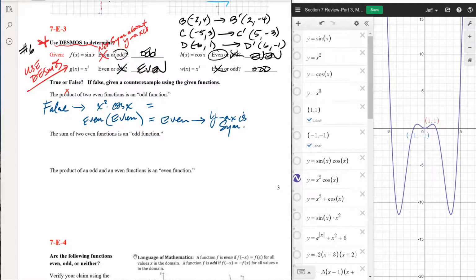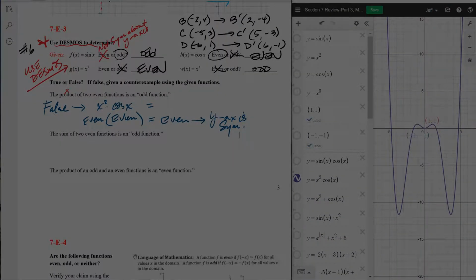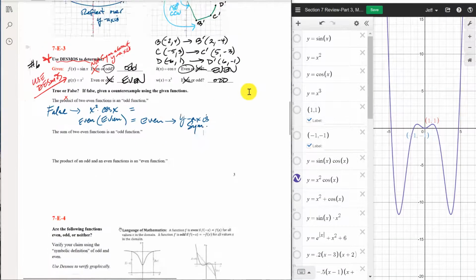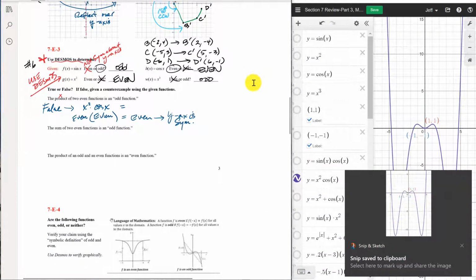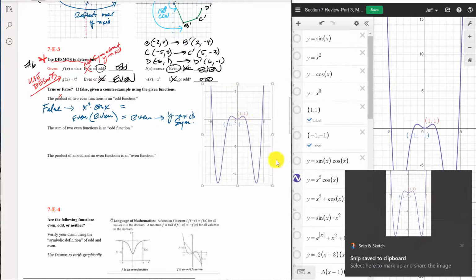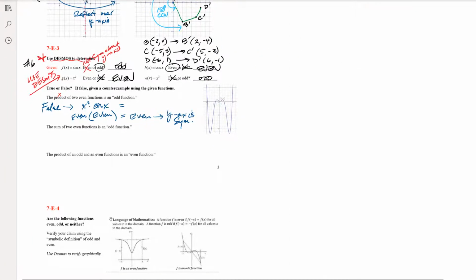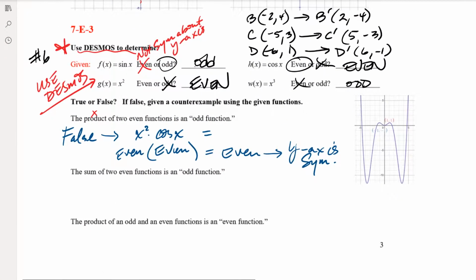Okay, let me just grab this in here. So you can see it right here in this little picture. I'm using Desmos here. So it has y-axis symmetry. You can tell because it's a reflection. Like this point right here, call it A, gets reflected to A prime.